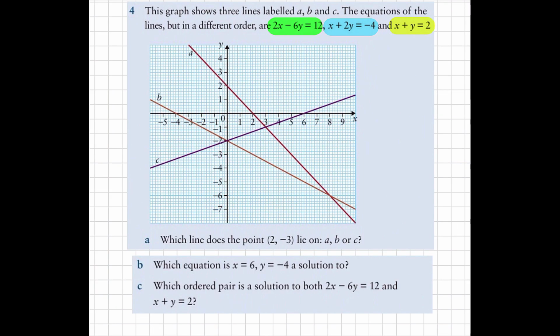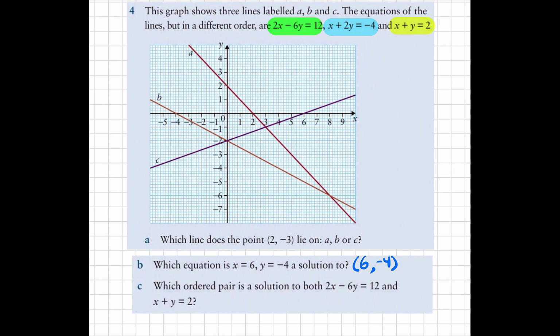Okay, let's take a look at 4B and 4C. It says, which equation has x equals 6 and y equals -4? Well, that's pretty simple to do. We just need to make an ordered pair out of that information where x is 6 and y is negative 4.